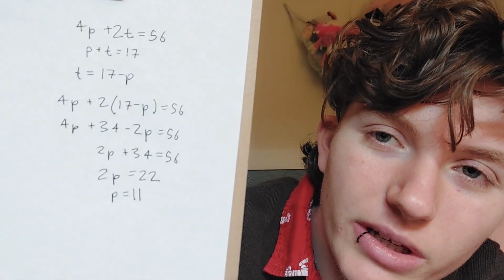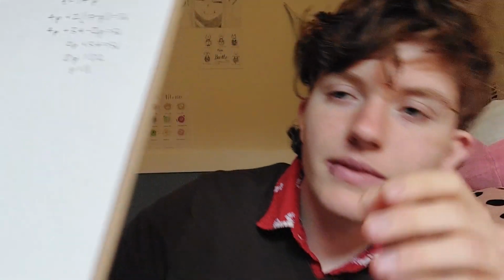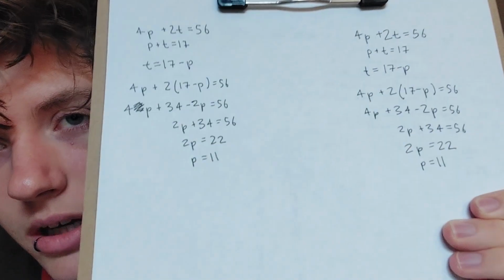So through that, we know that there are 11 pigs. P equals 11, and then we can simply sub that back in. So p plus t equals 17, t equals 6. That means there are 11 pigs and 6 ostriches. If that makes sense. And here you can see it twice from the 2 times I filmed this.